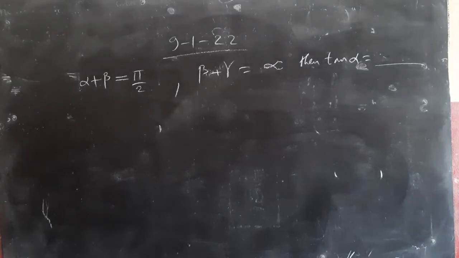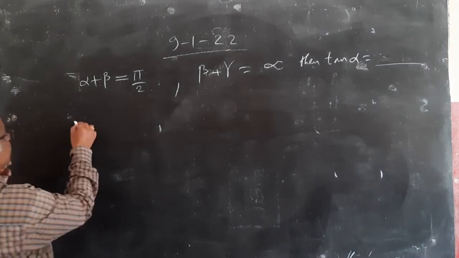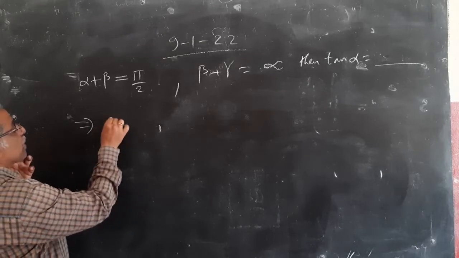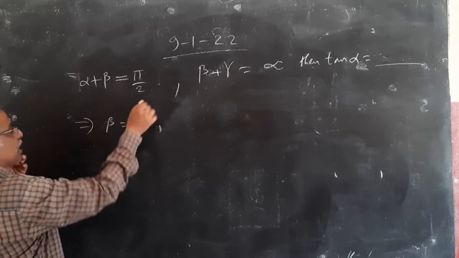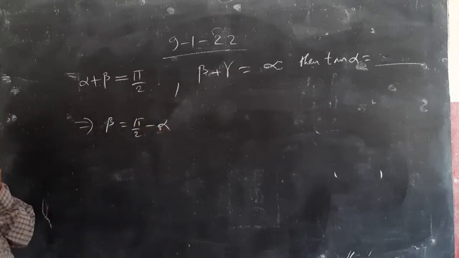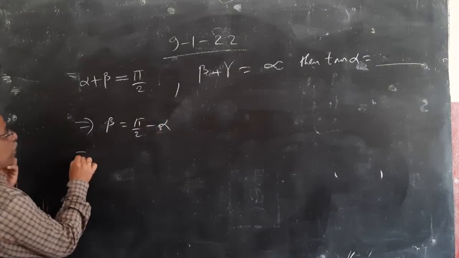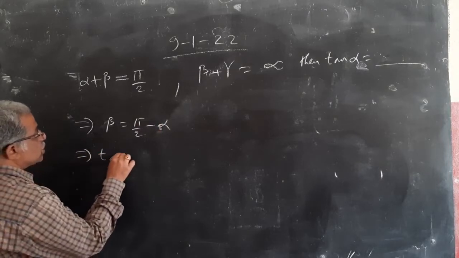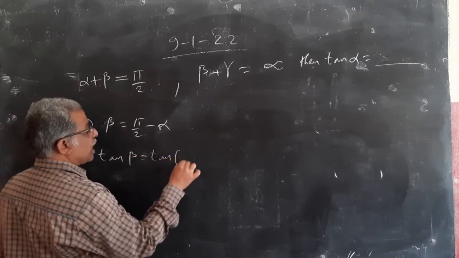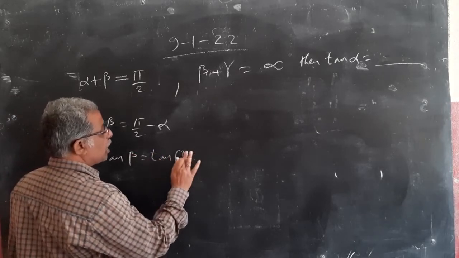Alpha plus beta equal to pi by 2 is nothing but beta equal to, you bring either alpha or beta to the side, pi by 2 minus alpha. Apply tan on both sides. So tan beta equals tan of pi by 2 minus alpha.